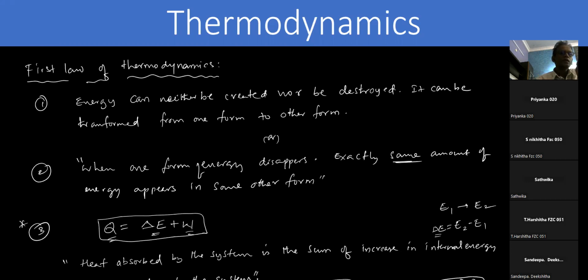Now, coming to the next one. Already we have seen that work done by the system is the work of expansion where volume is increased by delta V with external pressure P. When we apply external pressure P, there is a change in volume that gives us some work in the system.